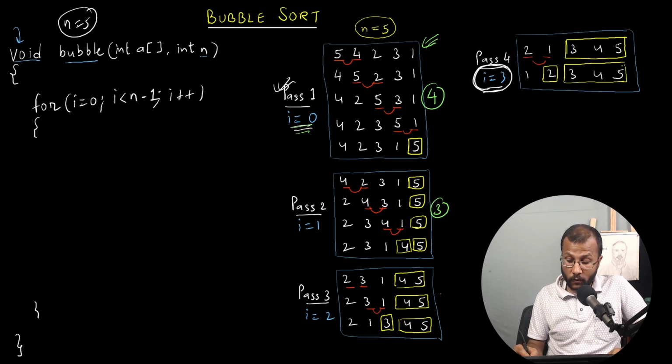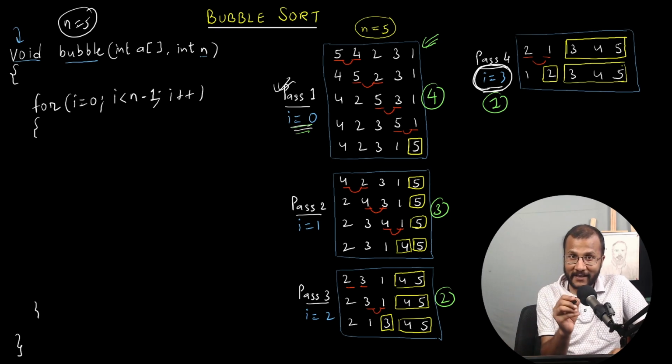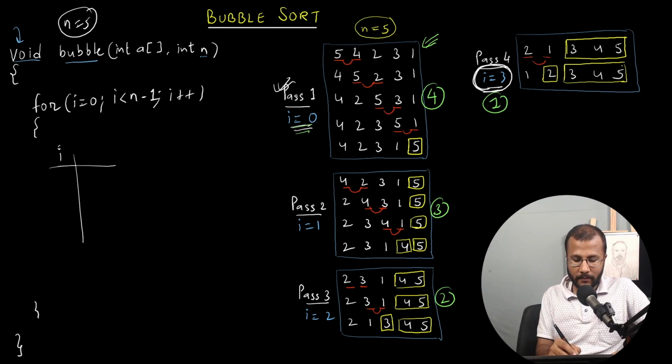I am doing 2 comparisons in pass 3, and I'm just doing 1 comparison in my last pass. Okay. So the number of comparisons in each pass is a variable. So now let's try to find out the relationship between the pass number and the number of comparisons. Okay. Let I denote the pass number and j denote the total number of comparisons, right?